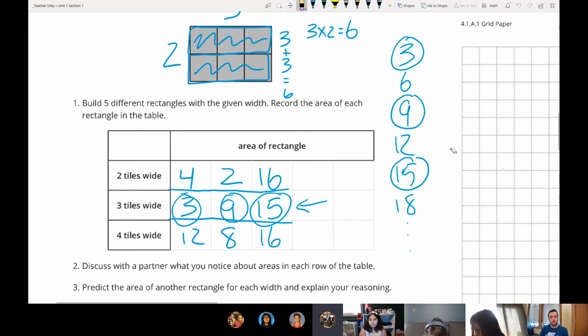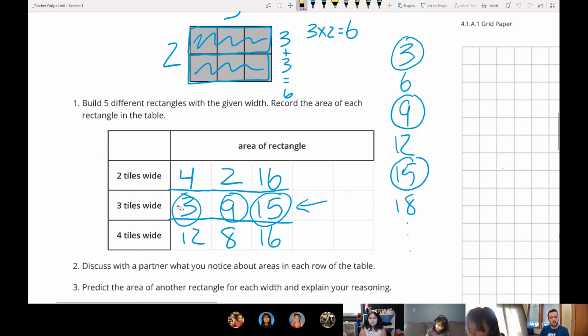So our main focus for today, we haven't said the word much. In fact, I haven't said it since the daily agenda slide. But these areas of rectangles here, depending on their width, the areas are what we call multiples. Multiples are numbers that we skip count by and get to; these resulting numbers are multiples of the original number.